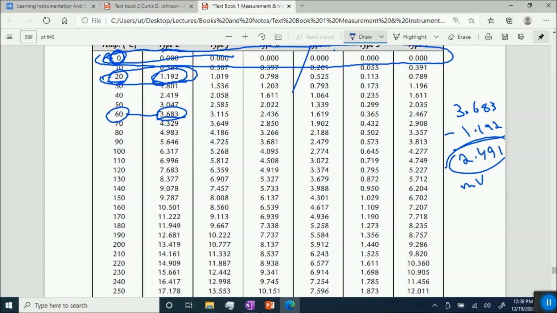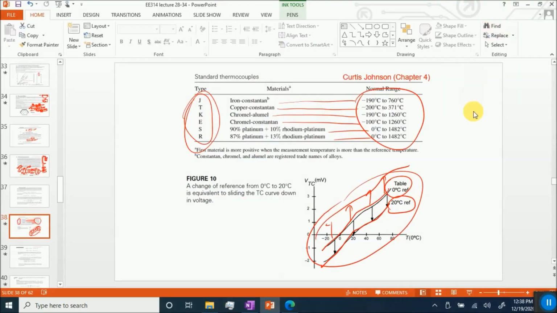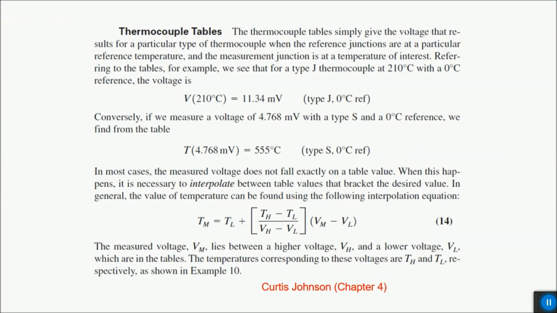And again, that makes sense because previously the temperature difference was 60 degrees Celsius, but now the temperature difference is 40 degrees. So less voltage would be produced for the same target temperature being measured with our reference shifted from 0 to 20 degrees. So I hope that makes sense now, and that is not very difficult to calculate.